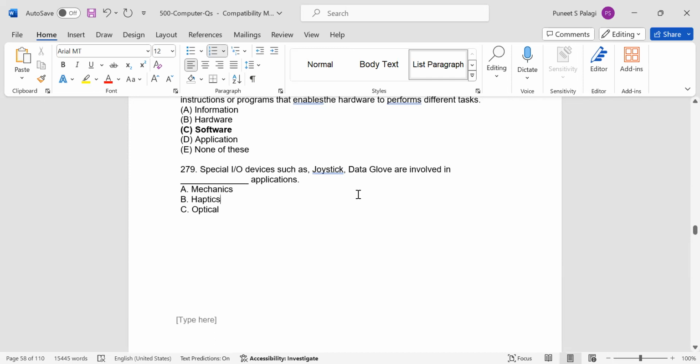Special input-output devices are involved in Dash applications. It is haptics.